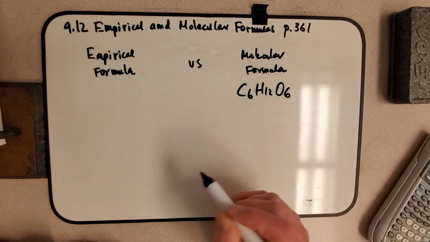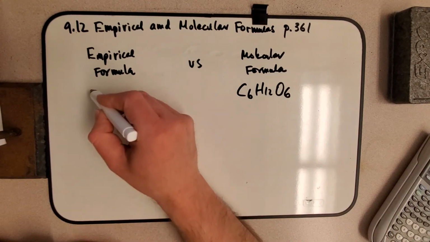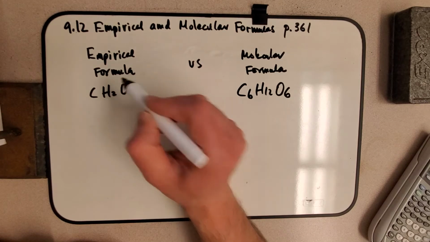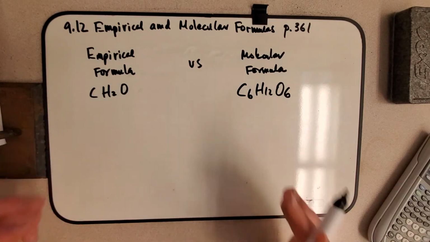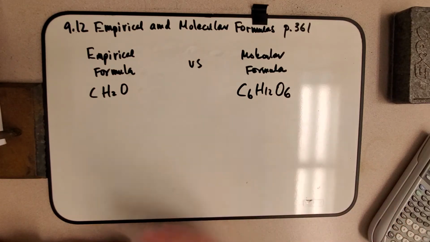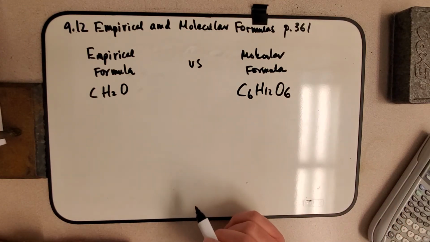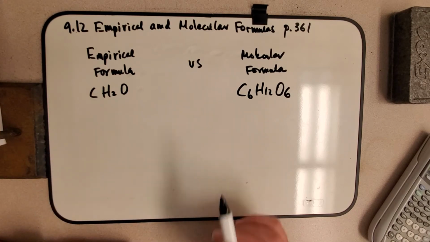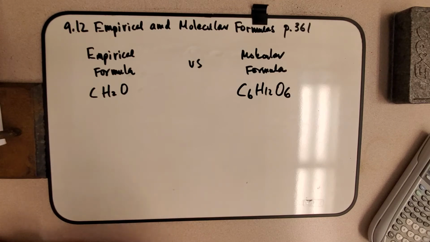C6H12O6, and the empirical formula will be, for this particular compound, CH2O. Now, what's the difference between the two? The difference is the molecular formula contains the exact number of atoms in a given molecule, whereas the empirical formula contains the smallest whole number ratio of the elements in a particular molecule.